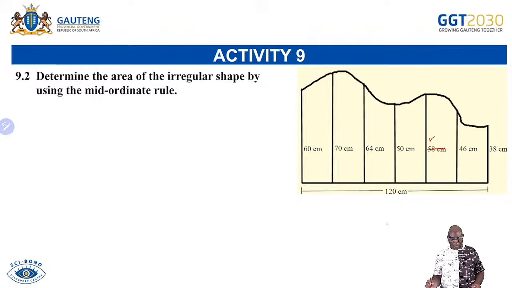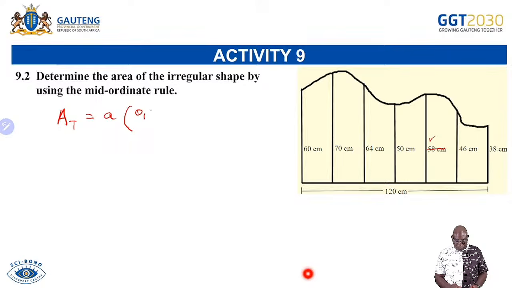Write down the formula, and I'm saying it again this year, the formula that you write here must be the formula that you're going to be using for substitution. We see a lot of this happening whereby the formula that is written is not the same formula that has been used for substitution.